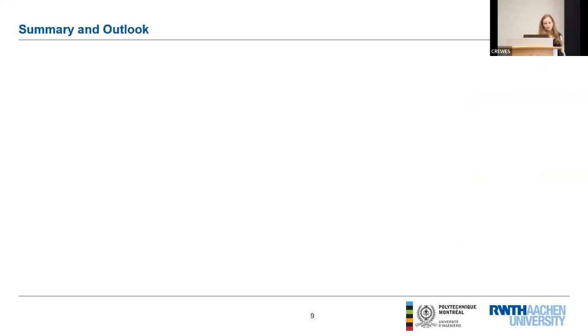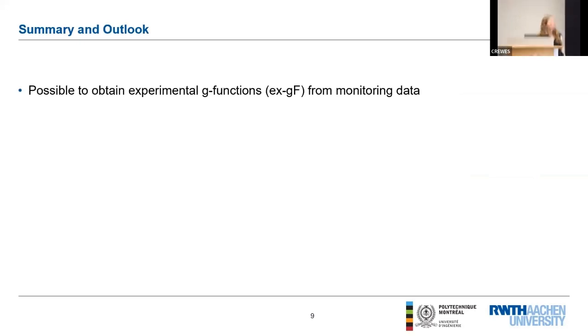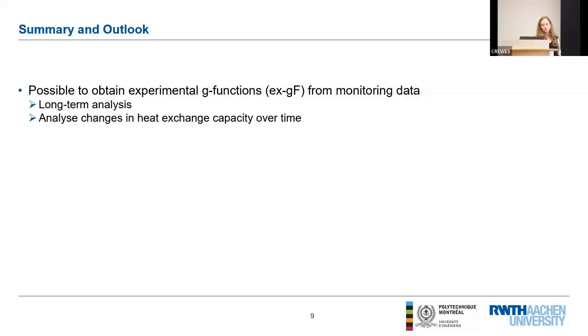Okay, so to sum up, we have seen that it's possible to obtain experimental G functions from monitoring data for a period of 30 days. And this opens up a range of possibilities. For example, those G functions can be used for the long-term analysis of borehole fields, and also to analyze changes in the heat exchange capacity over time.